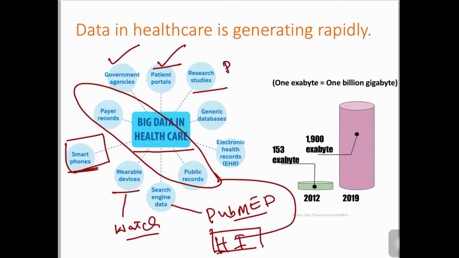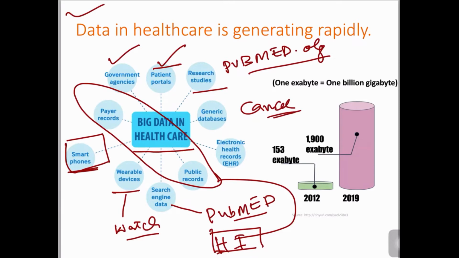If you go to search engines like PubMed.org or scholar.google.com and type any keyword, like cancer or COVID, you will get data about that particular subject. You can download the latest research papers and read them. So in summary, data in healthcare is being generated so rapidly.